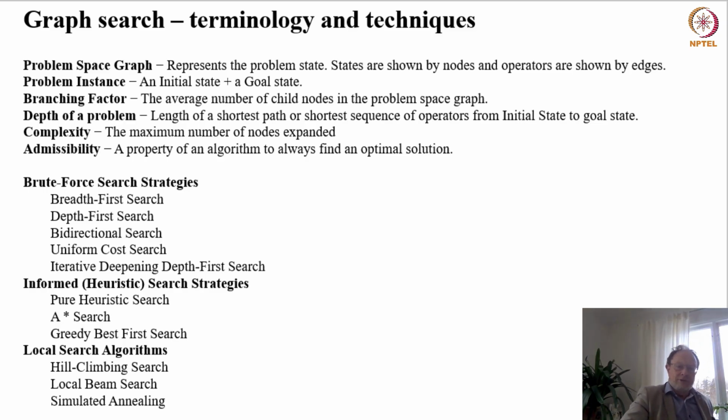So many times problem solving will take the form of search. Learning will take the form of search. And therefore, the vast repertoire of search strategies that has been developed is of relevance.